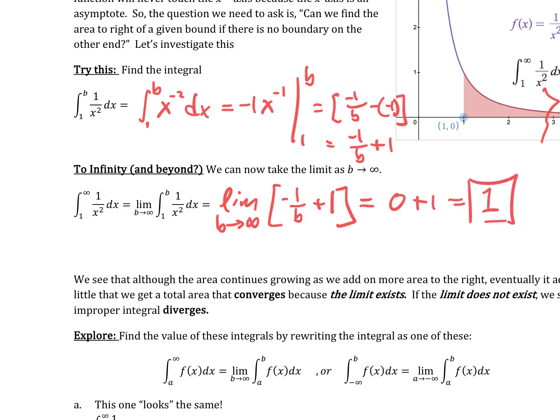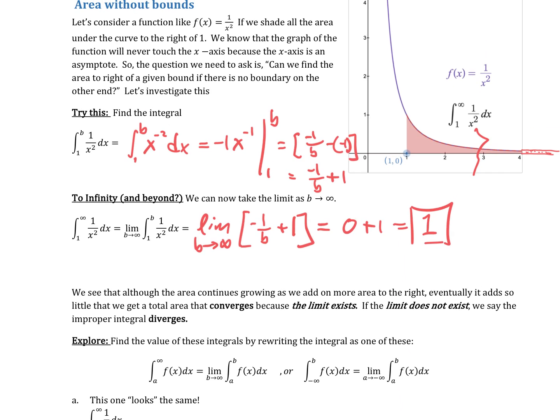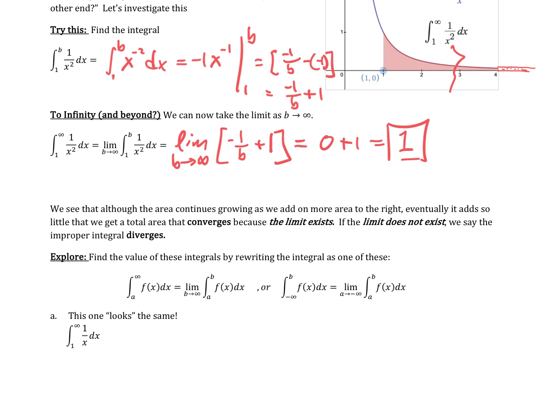Kind of interesting. So if we're looking for the area underneath the curve from 1 to the right, we get 1. Okay? So we see that the area continues growing, but we're always adding less and less as we go to the right. But eventually we add so little that we get the total area. We can find the total area.